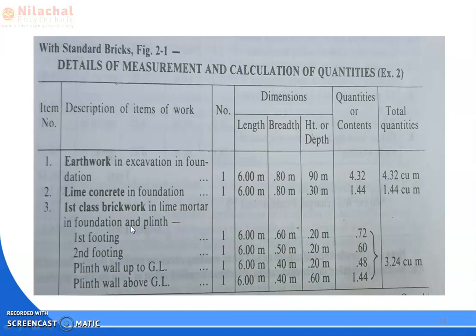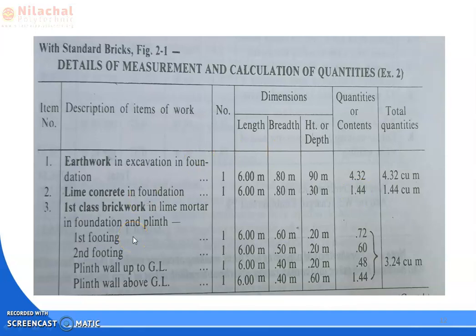So the total quantity is length 6 meter, breadth 0.8 meter, thickness 0.30 meter. It is specially for lime concrete, not the total part of the foundation. So the quantity is 1 into 6 into 0.8 into 0.3, equal to 1.44. Its unit is cubic meter.